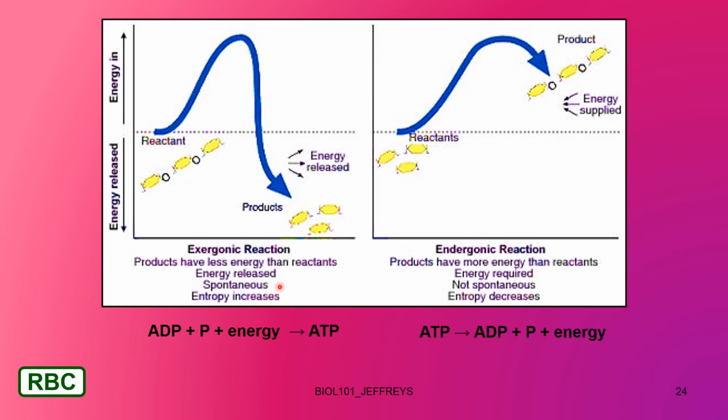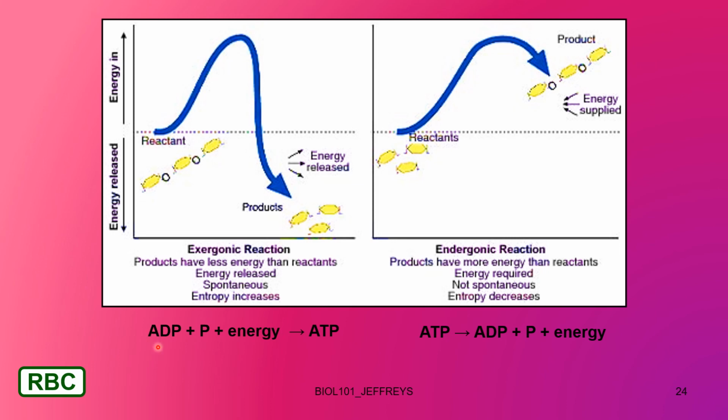So if you can look at a graph like that or describe a reaction in terms of the amount of energy released, whether it happens spontaneously, whether entropy increases or decreases, and the idea that the energy of the products is different from the energy of the reactants, then you put the nail in the coffin with regard to exergonic reactions.